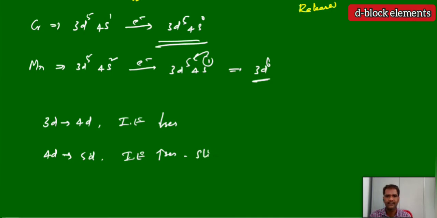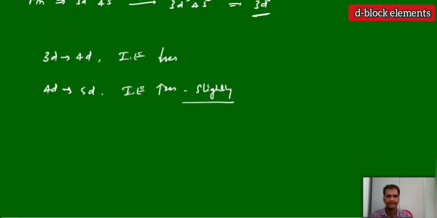You can see 5d series elements sometimes show more ionization energy than the 4d, again due to the lanthanide contraction: similar size, but effective nuclear charge is more. And this is about the ionization energy values.